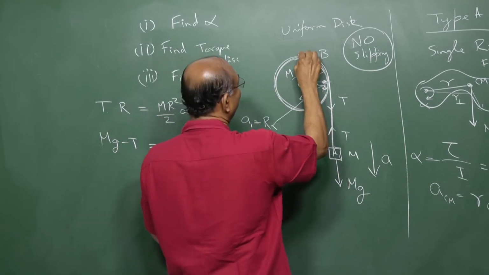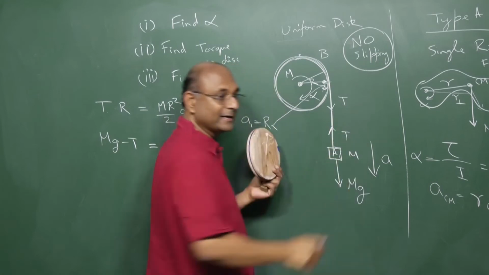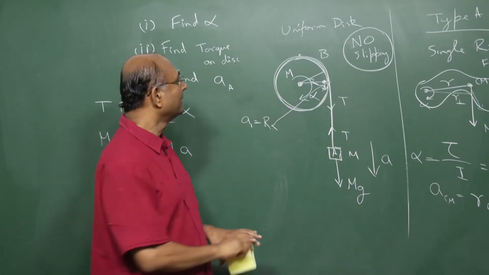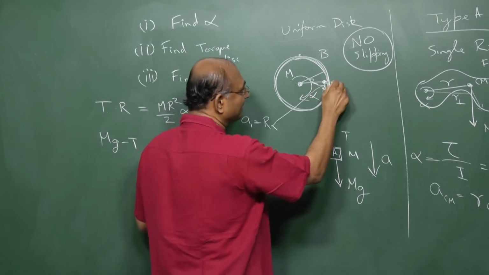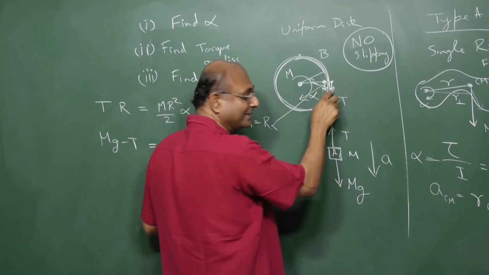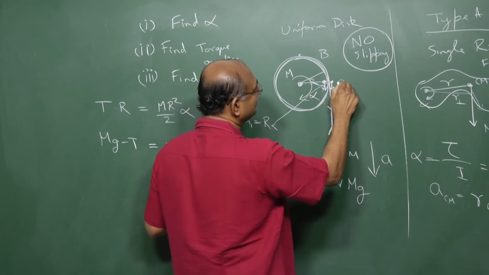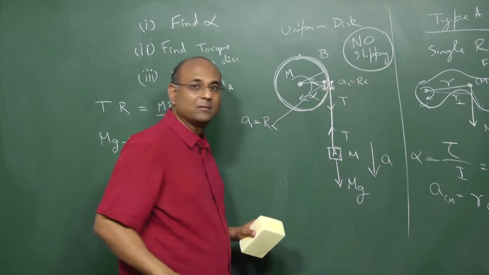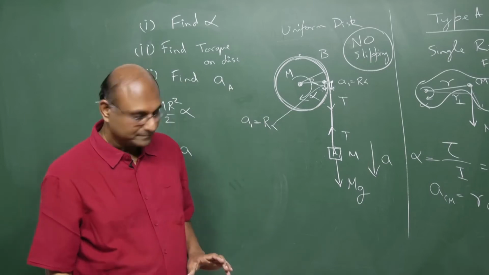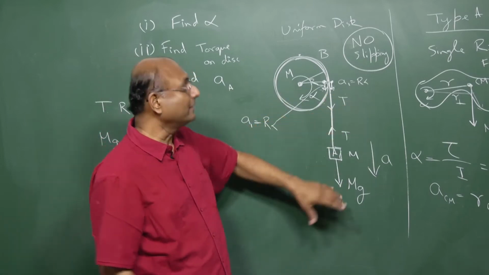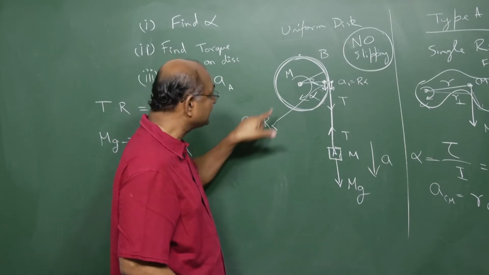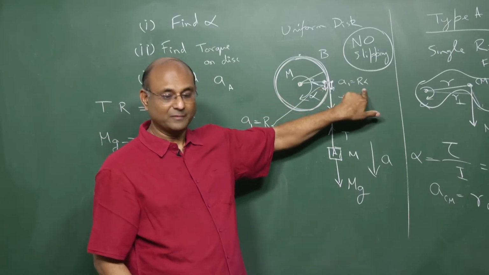So the rope there and the disk here, they were moving together. Since they were moving together, they must have the same acceleration. So if this has some acceleration, this point on the disk also has A1 equal to R alpha. Why are these two equal? Because there is no slipping. What will happen if there was slipping? What I am just going to say is not valid. If there is slipping, this is still true, but that won't be true.